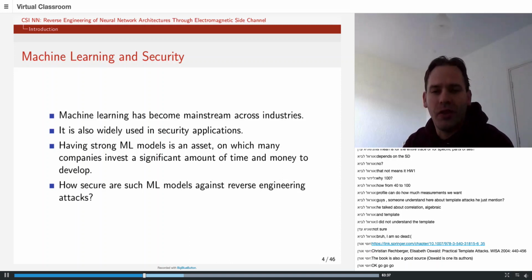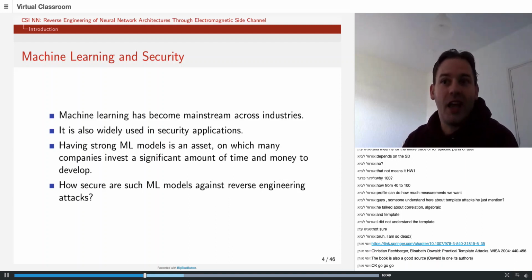You invest a lot of time in your machine learning model, in your neural network. You trained, you spend a lot of manpower, a lot of time to make something that's very good. And then you want to sell that, but someone is able to simply reverse engineer it and obtain the whole network. And basically, in a way, she is stealing your intellectual property.